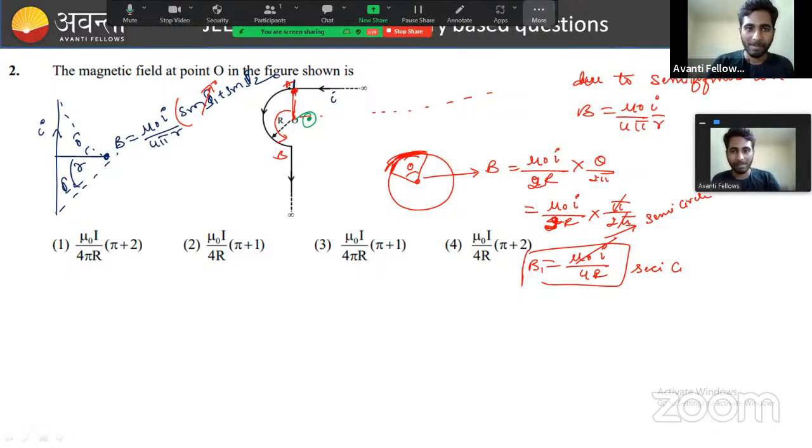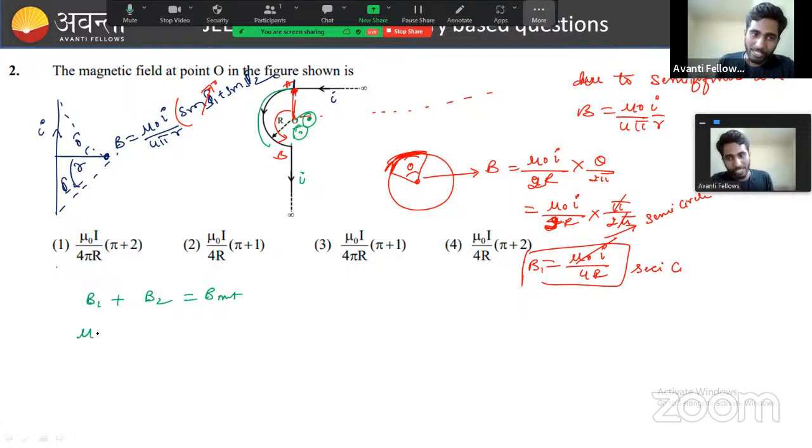So due to this semicircle also, at this point the magnetic field is outside. Next, here the current is moving downward, but at this point along the line there is no magnetic field created. That's why the magnetic field intensity is created only by the two upper portions. Hence, for the semi-infinite wire, the magnetic field is B1. I will call the circular one B2. Hence, it will be B net.